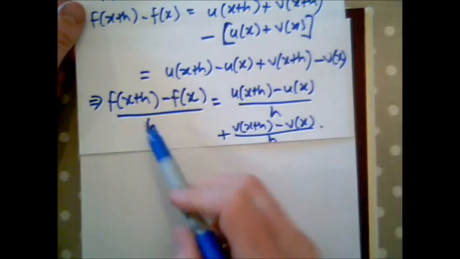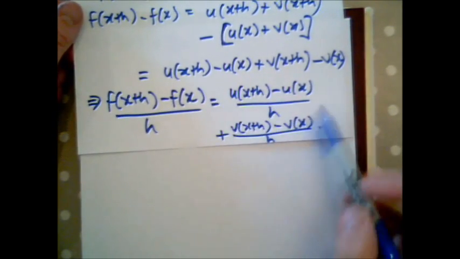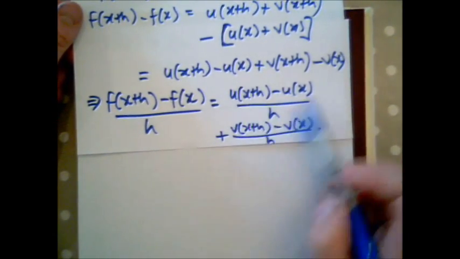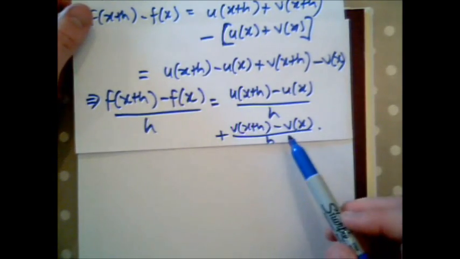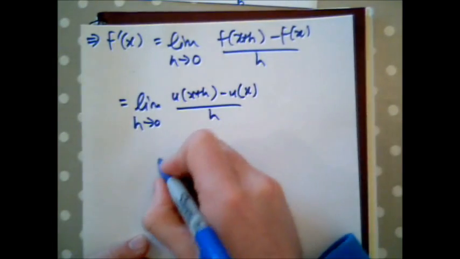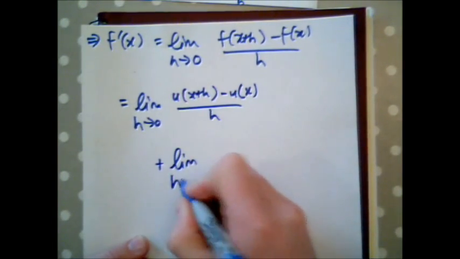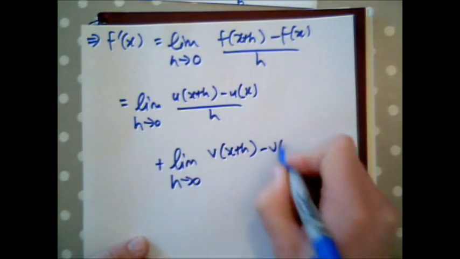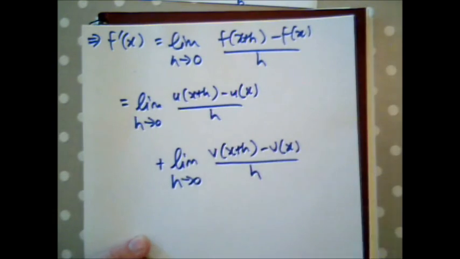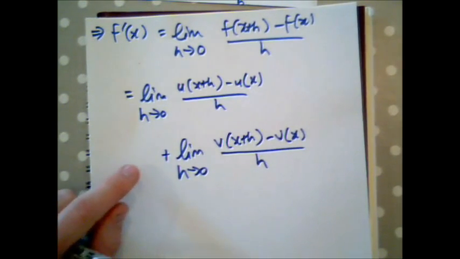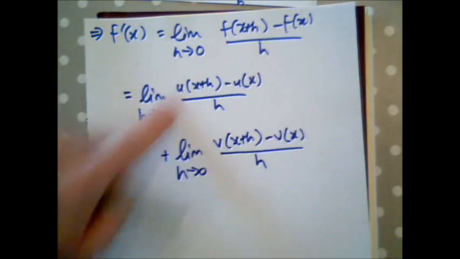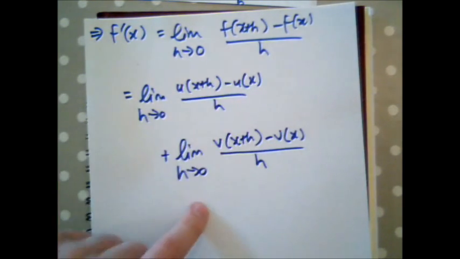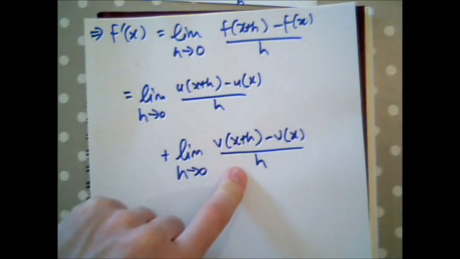So it's the limit of this first bit. The limit of the left hand side is the limit of the right, fair enough. So that's the limit of the first bit plus the limit of the second bit. So plus the limit as h tends to 0 of v of x plus h minus v of x over h. The limit of the right hand side is the limit of this bit plus the limit of this bit.